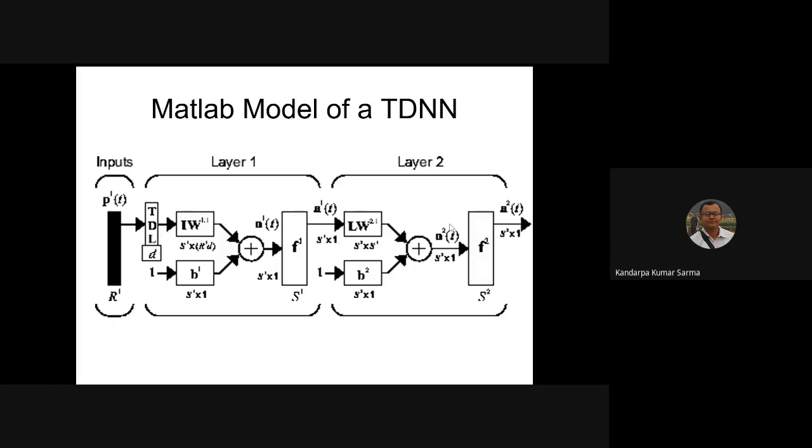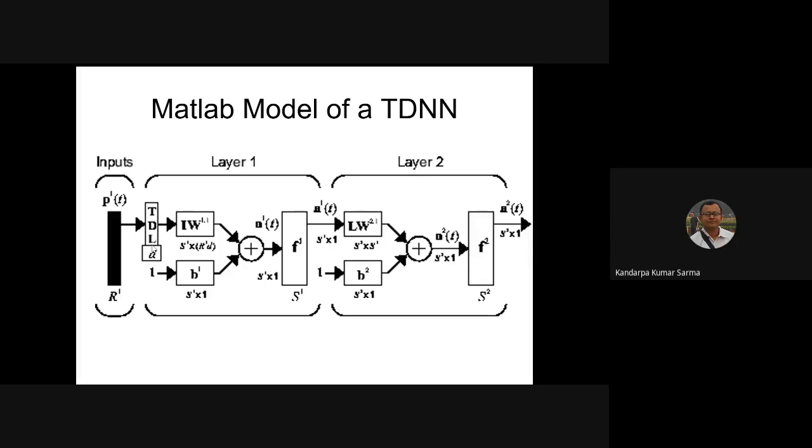If we simplify the structure and see it in a more reduced or shrunken format compared to the recurrent neural network structure that we saw in the last lecture, we will find here that there shall be one tap delay line at the front end.